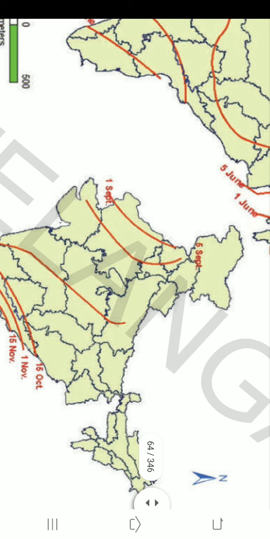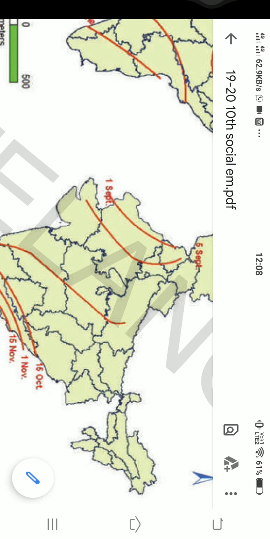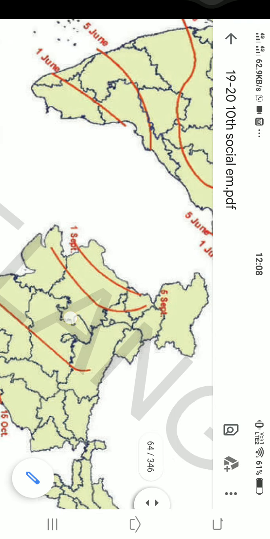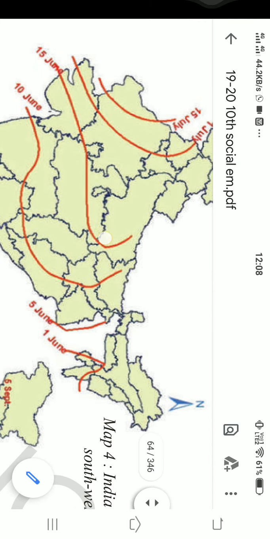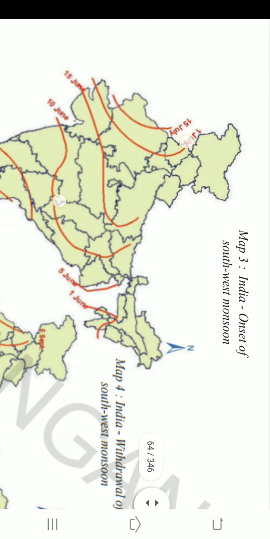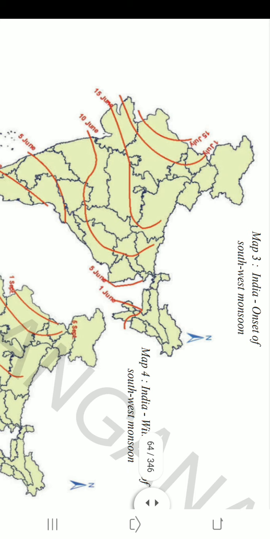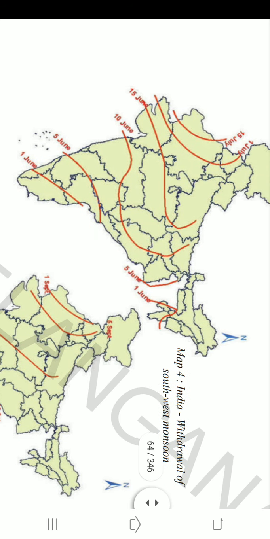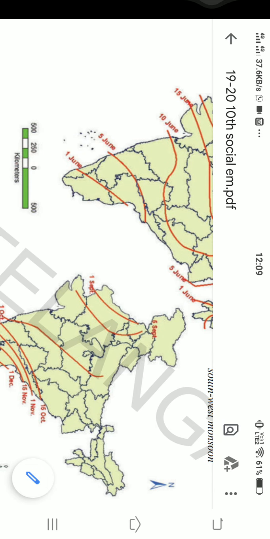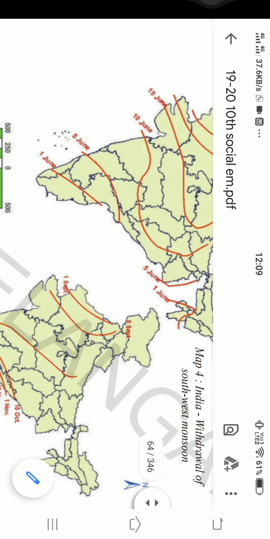Based on these maps, you may be asked questions like this. For example, dear students, map 3 will be given to you, and you will be asked at which month we see the onset of monsoons in Kerala. Then you should see that it is June 1st. By June 1st, monsoons start at Kerala, right?